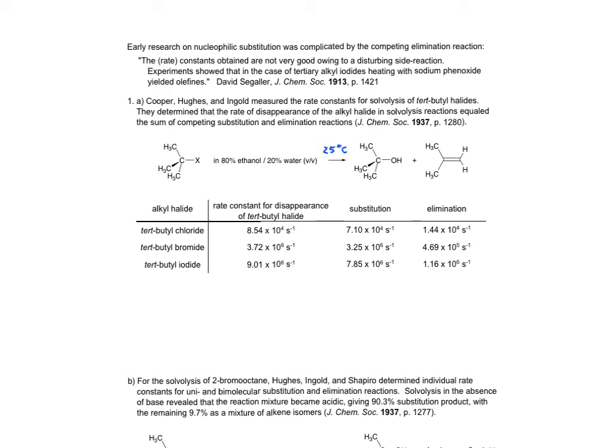They measured the rate constant for disappearance of reactant, and then they divided the rate constant information into the substitution and the elimination components based on the yields of the alcohol and alkene products. Please notice that the sum of the substitution and elimination rate constants equal the rate constant for disappearance of reactant.